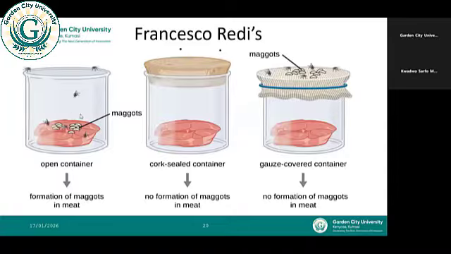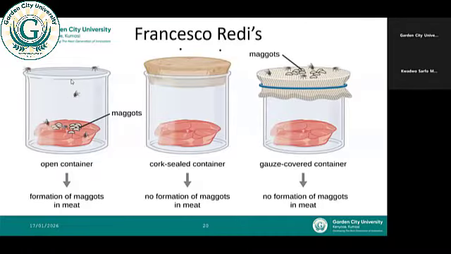This is the experiment that Francesco Redi performed. He put meat in a flask, uncovered, and allowed flies and air to settle on it. Then after some time, formation of maggots was observed. So this was not spontaneous.